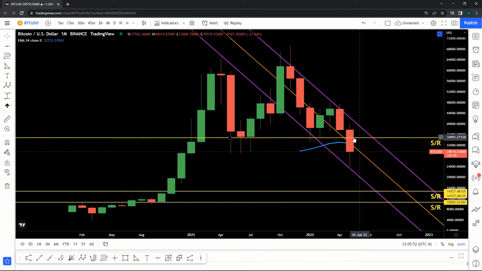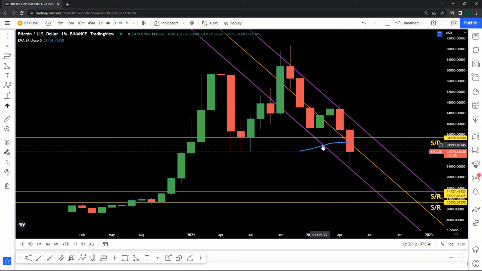So now where price is, it's below, it's closing. This is a monthly candlestick, so there's still a few days remaining in the month of May. So right now, this is still an active session, but price is now below this support resistance level.